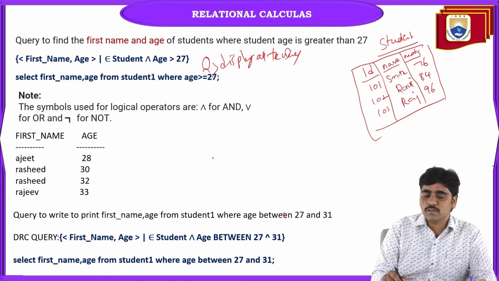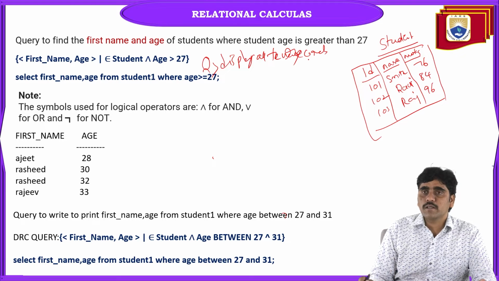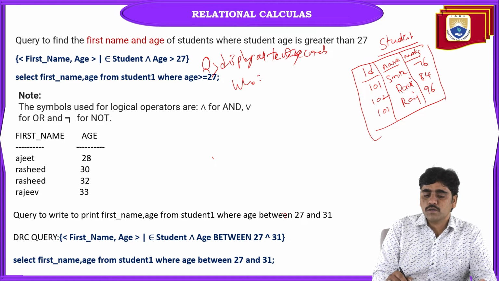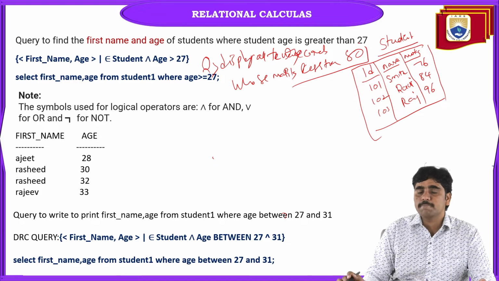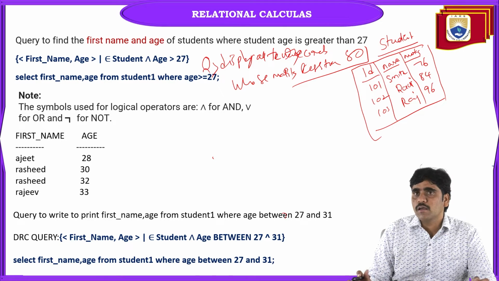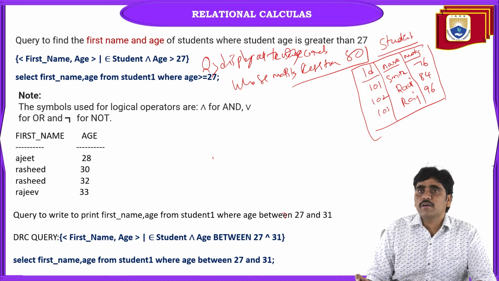Display all the records whose marks are less than 80. That means whoever has marks below 80, we will display the ID, name and marks of that student.